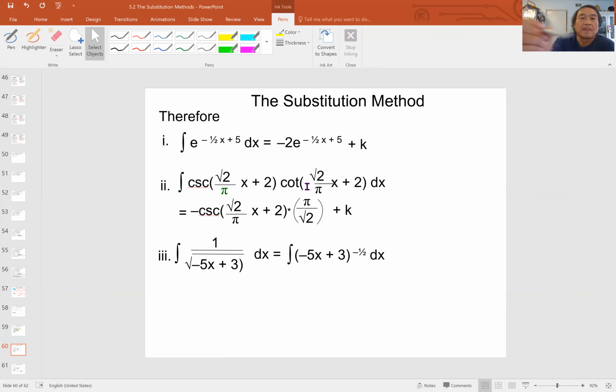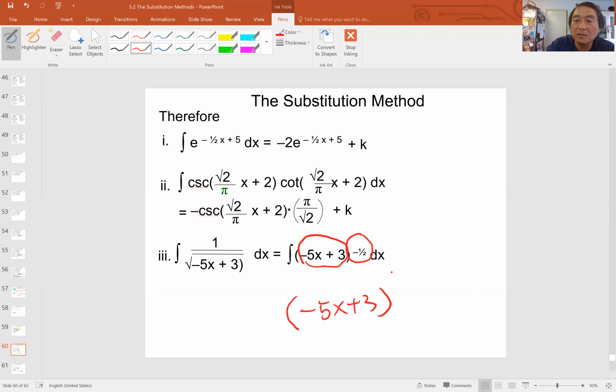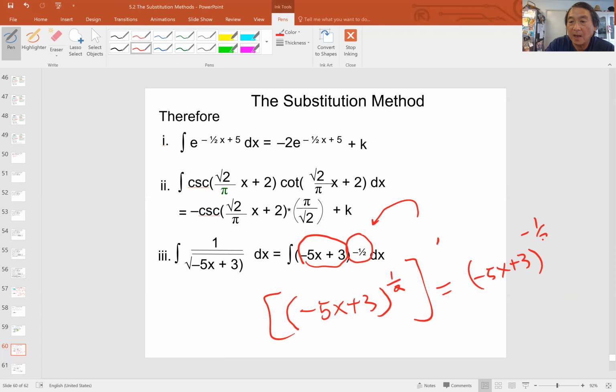Okay, so this is one of the things you can observe. For instance, this is the integral of a linear term. The antiderivative of minus 1/2 is positive 1, so I'm going to start out with, say, the answer minus 5x plus 3 to the positive 1/2 power. And when I take the derivative of this, I almost get that. I get minus 5x plus 3 to the minus 1/2, but now the 1/2 comes down, and I have to multiply by the derivative inside, which is minus 5.